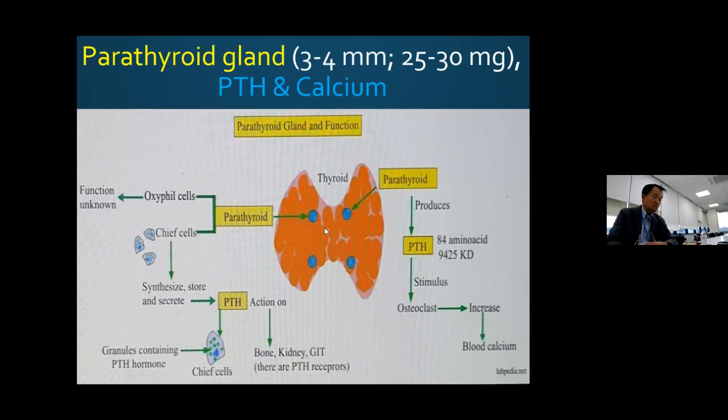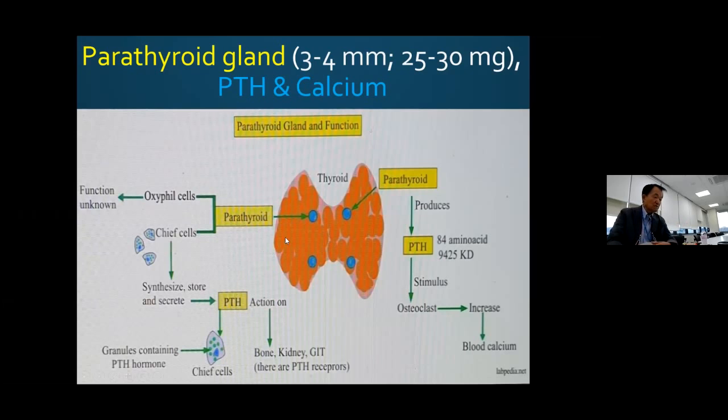So I will try to give you a talk on thyroid disease in general, for the diagnosis and management, maybe following this presentation or later on, because all these endocrine organs are somewhat related.